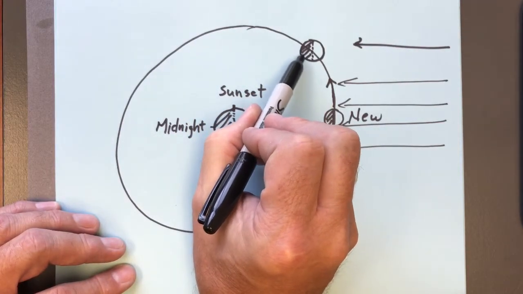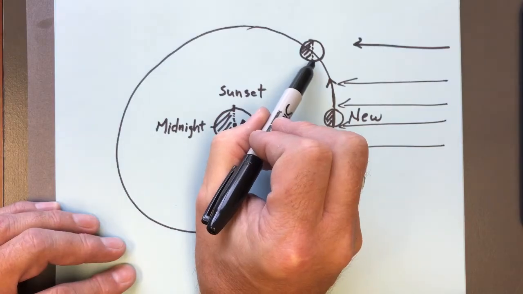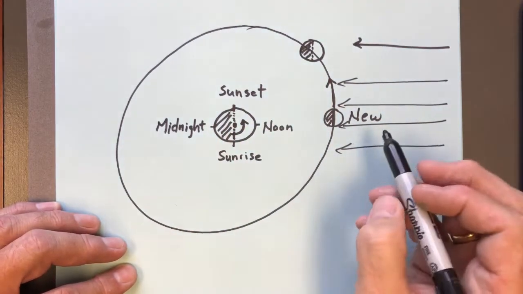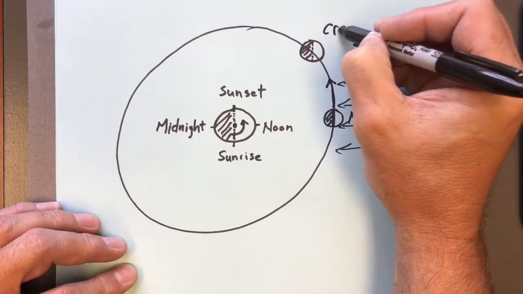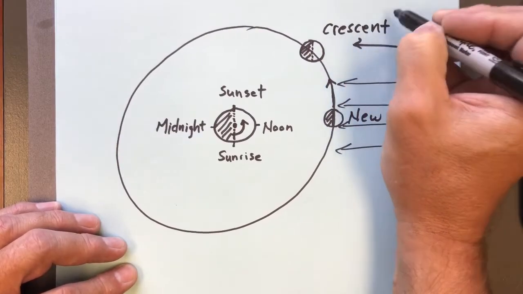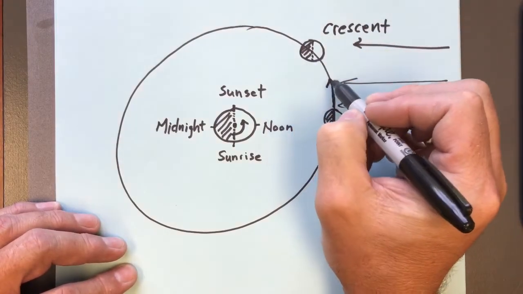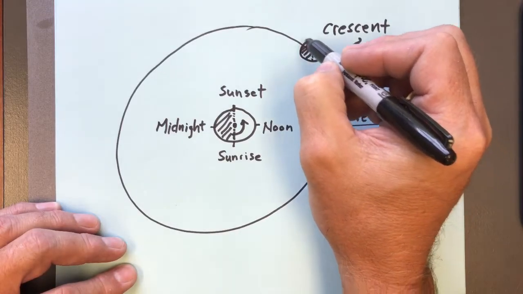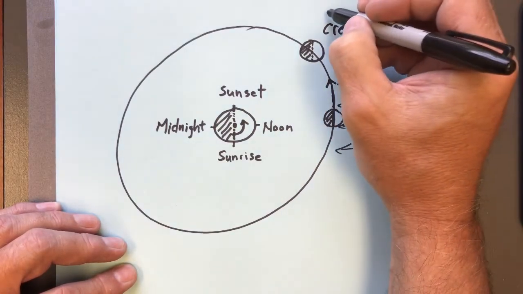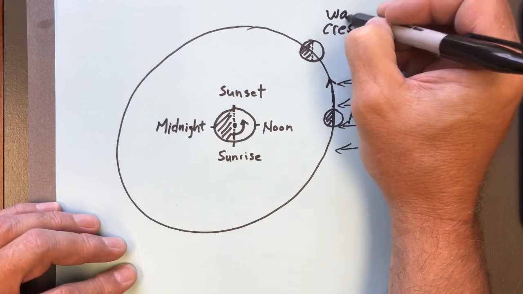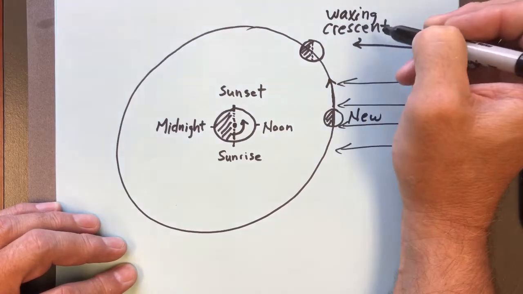You'll see mostly dark, but you'll see a tiny bit of light. So that's called a crescent phase. And because the illuminated part is getting bigger after it was new, that's called a waxing crescent.